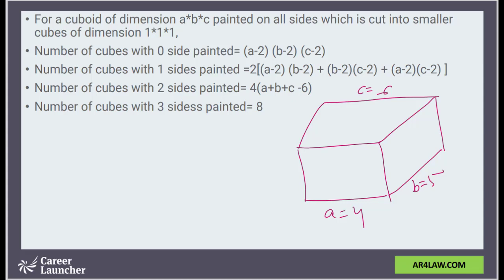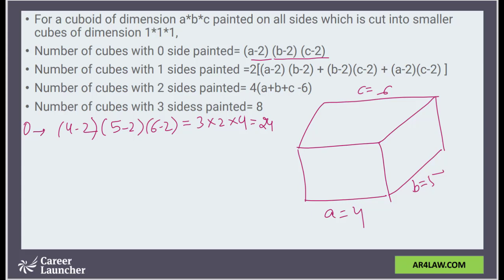If we want to find the number of cubes with no side painted, that can be calculated as (A minus 2) into (B minus 2) into (C minus 2). So that would be (4 minus 2) into (5 minus 2) into (6 minus 2). That leads us to 3 into 2 into 4, 24.